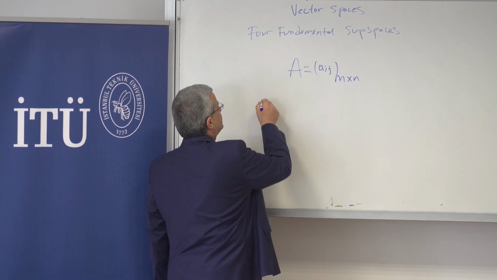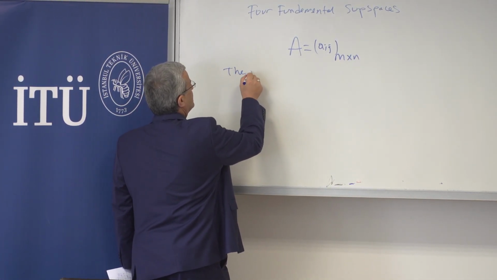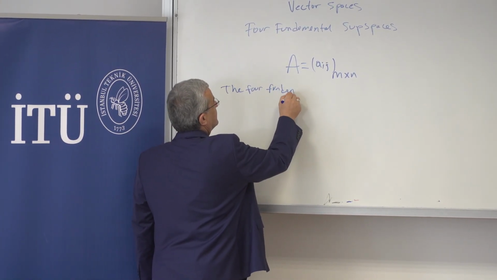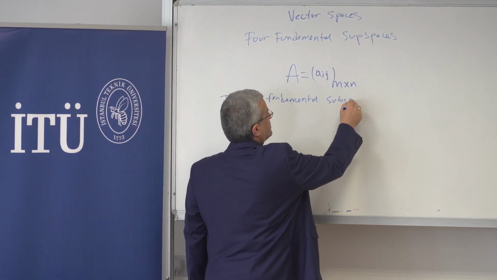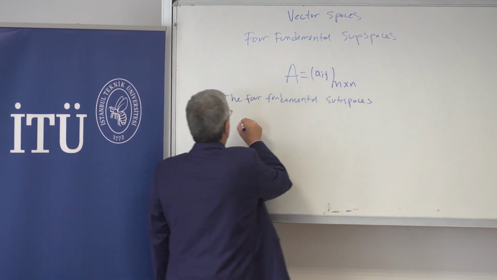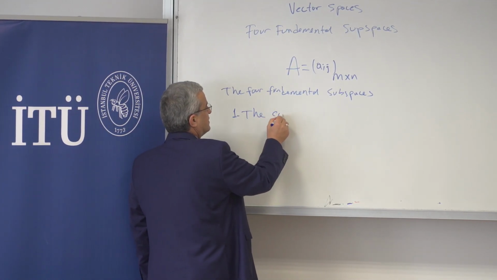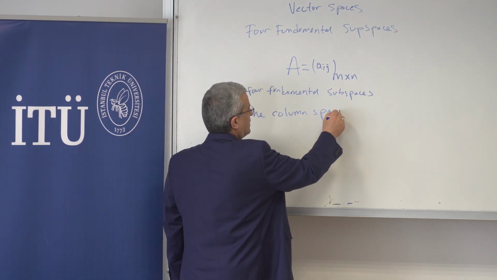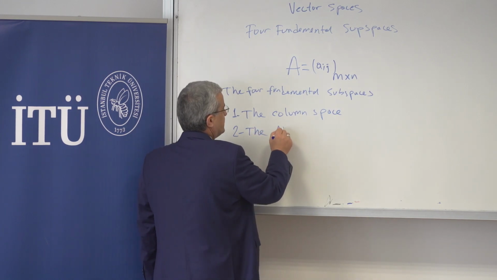So we talk about the four fundamental subspaces. One, the column space. Two, the null space.